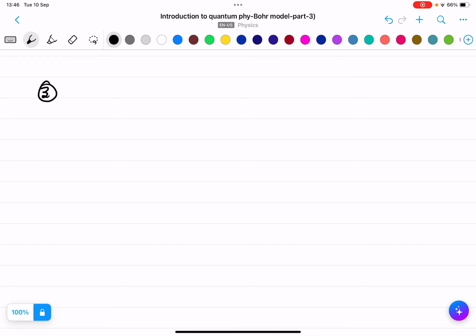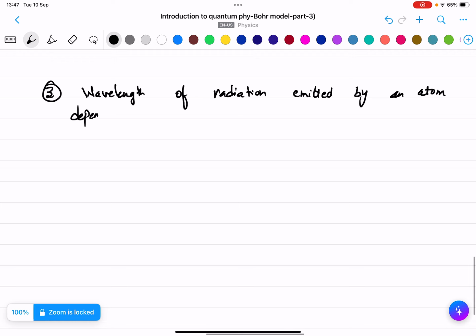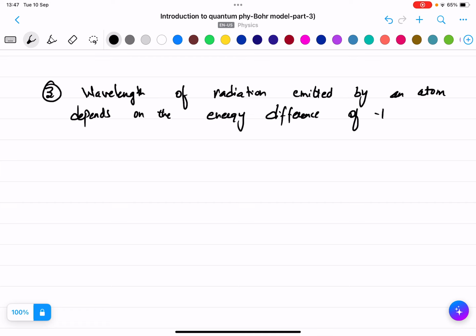Now the third one. The wavelength of radiation emitted by an atom depends on the energy difference of the initial and final orbits.